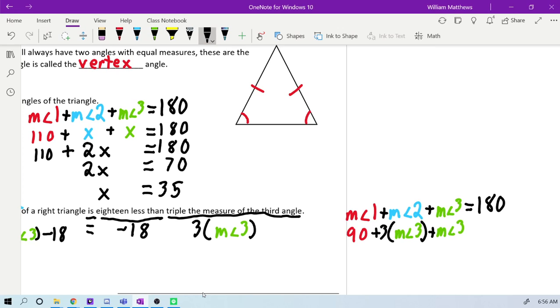And this all still equals 180. So our unknown variable, the one that we are going to be solving for, will be our measure of angle 3. And once we have that, we can figure out what the measure of angle 2 is.